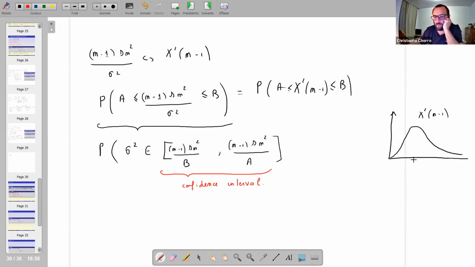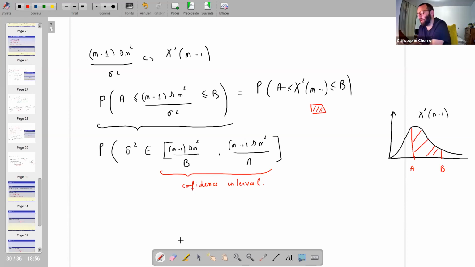So here, if I have A and B, my probability of interest is this area here. The area is exactly this probability. And my idea is to find A and B in order to obtain, let's say, 95%, for example.